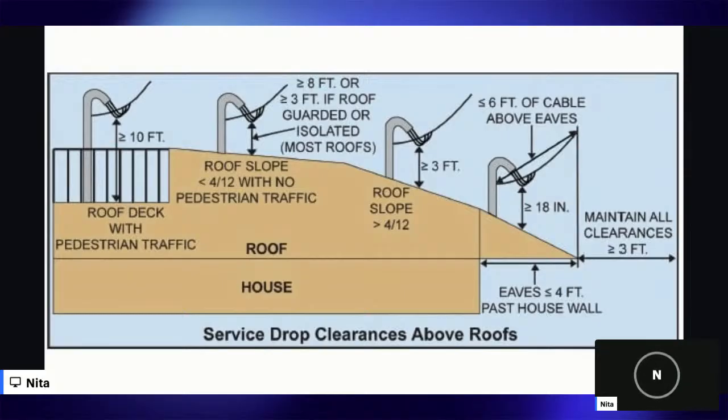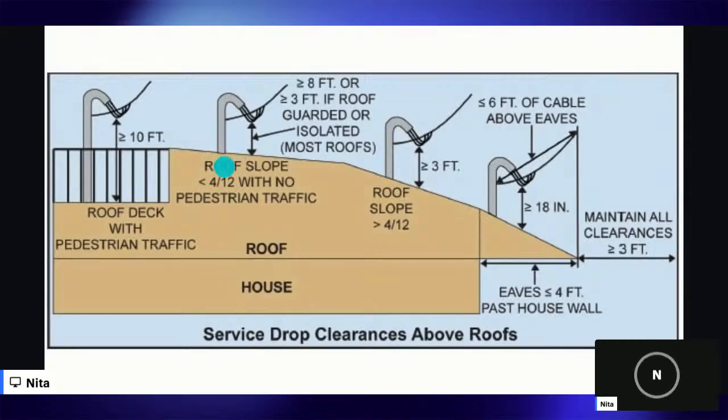If it has a fence or it's guarded, then the clearance can drop to 3 feet. But keep in mind, for a roof with a slope of less than 4 and 12, the minimum is at least 8 feet of clearance.